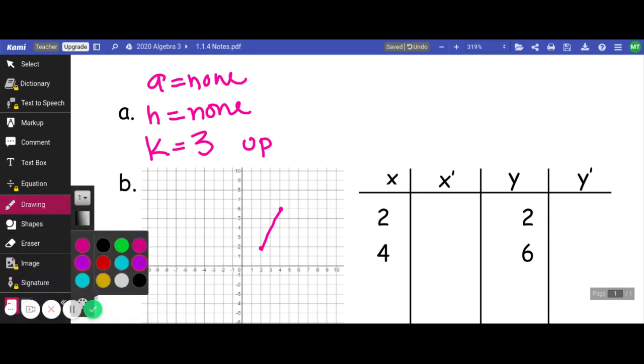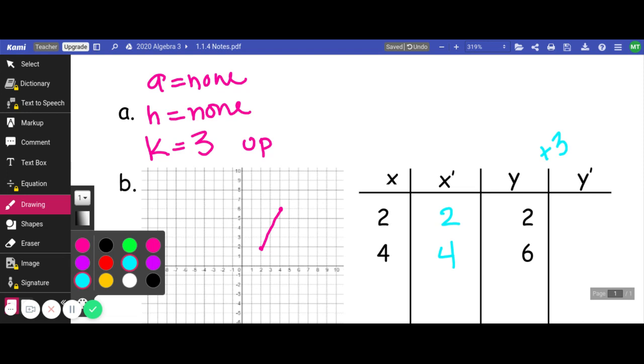Now I'm going to make another one. Let's just do blue. K affects the y coordinates only, not the x. So the x stays the same, and the y is going to add 3. For x prime, we have 2 and 4.